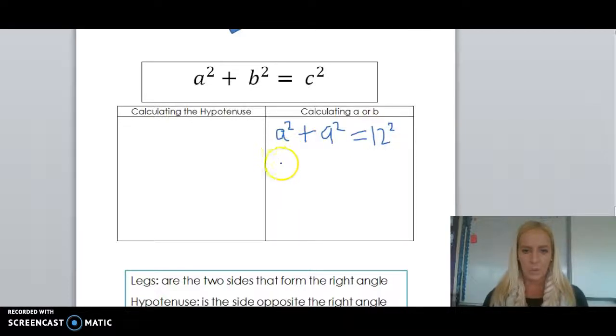So I'm going to simplify, leave A squared as is, plus 9 squared, which is 81, equals 12 squared, which is 144. Now I'm going to subtract 81 from both sides.